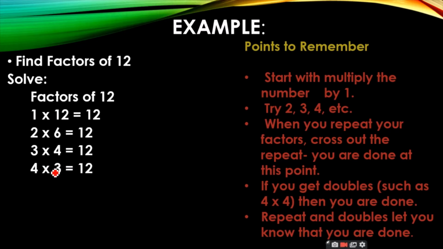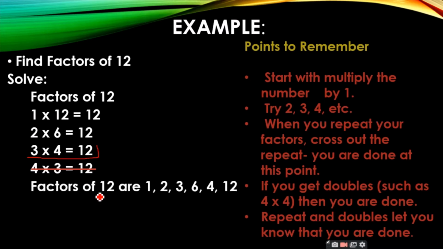Now at this point the factors are repeating. So when the factors are repeating, we just cross out the repeated factor, and we are done at this point. After this we cannot find any factor of 12. So factors of 12 are 1, 2, 3, 4, 6 and 12 itself.